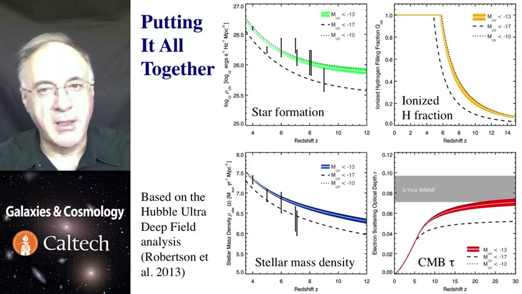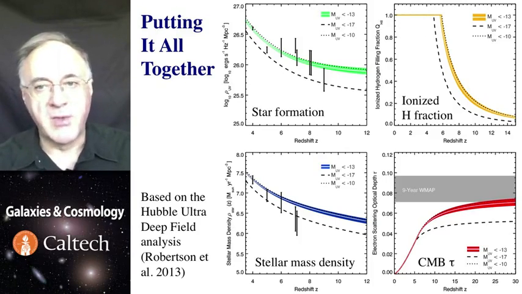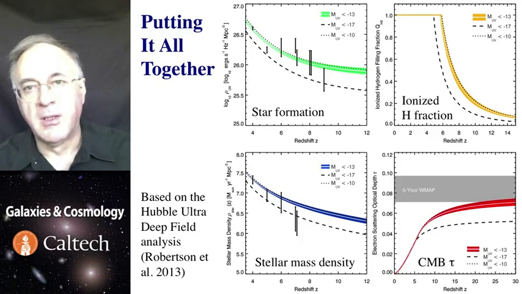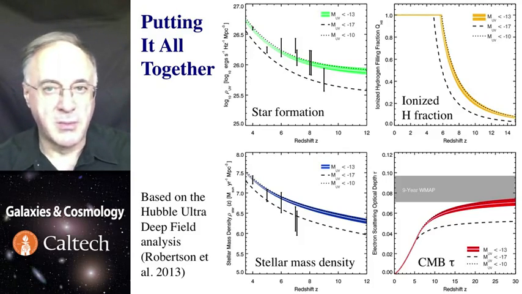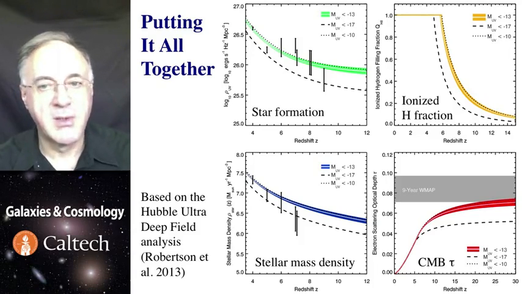So combining the data from Lyman alpha galaxies, from quasars, and from the microwave background yields a fairly consistent picture. We can see how star formation density in the universe was dropping as we go to higher redshifts, because galaxies were just forming back then. That resulted in a change of the ionized or neutral hydrogen fraction. As galaxies were being built up, you can also infer how much mass was generated in stars.